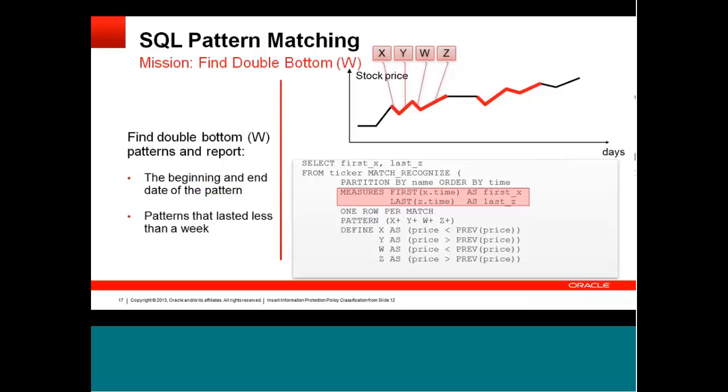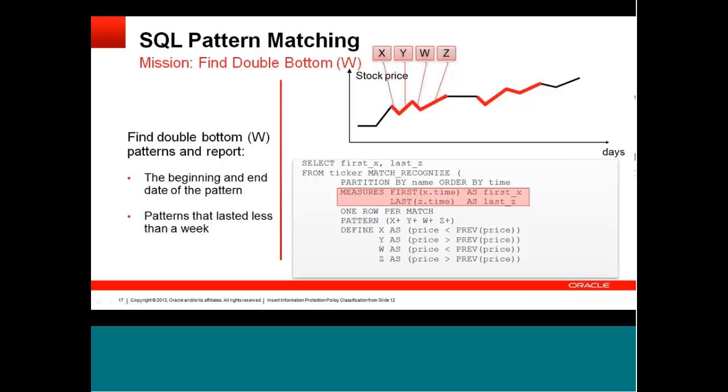Next, we have measures. So measures defines two measures here. The time at the beginning of W shape, which is calculated by using first of X time, and the time at the end of W shape, which is calculated by last of Z time. So the X time and Z time measures use the first and the last functions to ensure that it retrieves the values of first and final value of the time which is within each pattern match.